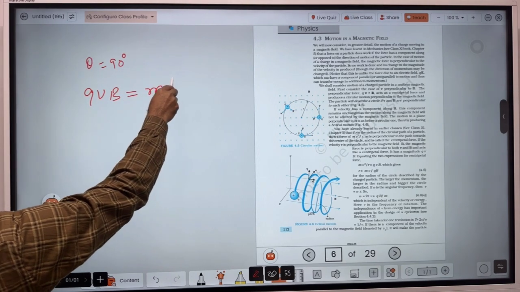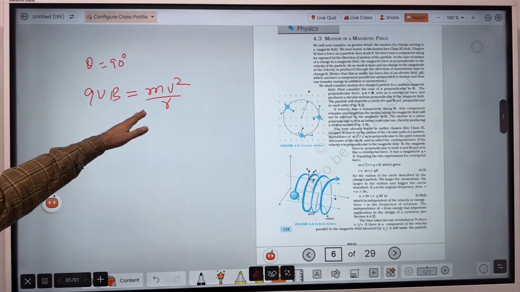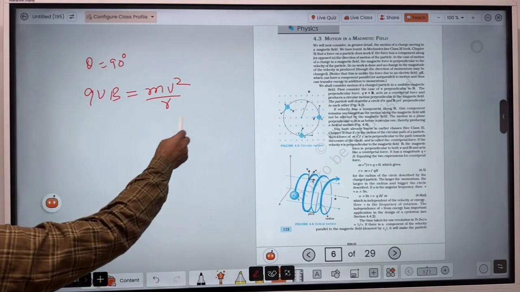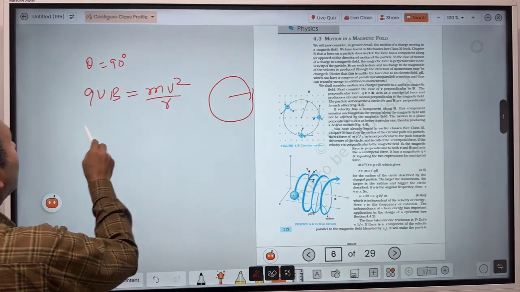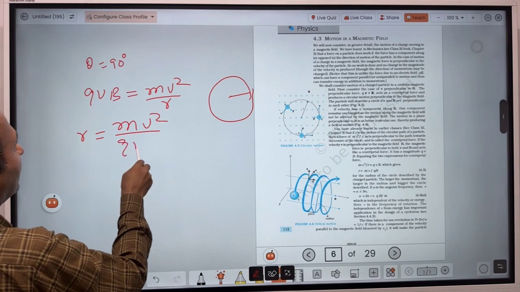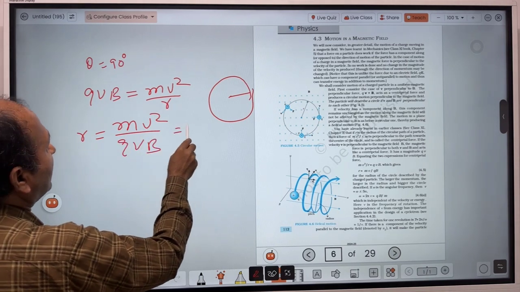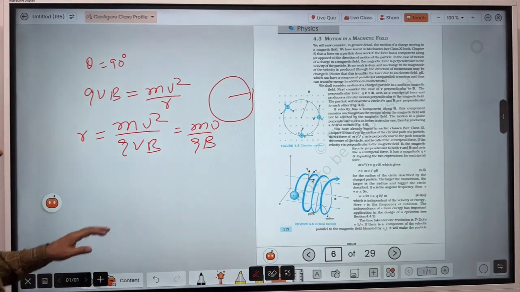It is providing the centripetal force. So if it is providing centripetal force, we can find the radius of the circular path it is following. So r will be equal to mv square divided by qvB, where one v we will cancel out. So r is mv upon qB. So the radius of the path followed by a charged particle can be easily evaluated.